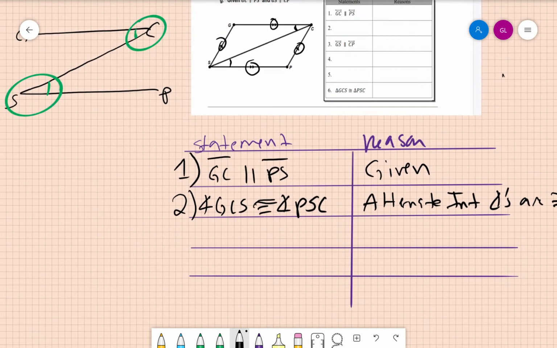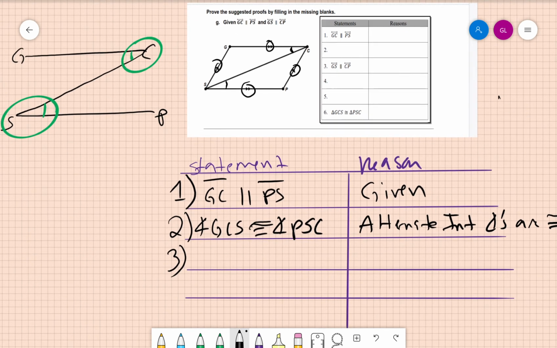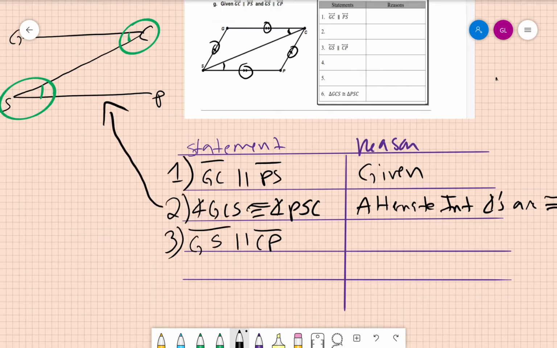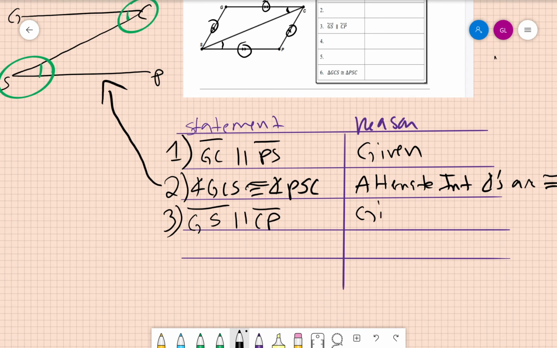Now for number 3, let's look at the other set of parallel lines. So now we're going to use line GS is parallel to line CP. So what we did here, we went ahead and broke apart the diagram for this one to make that a little simpler to understand. This is given.